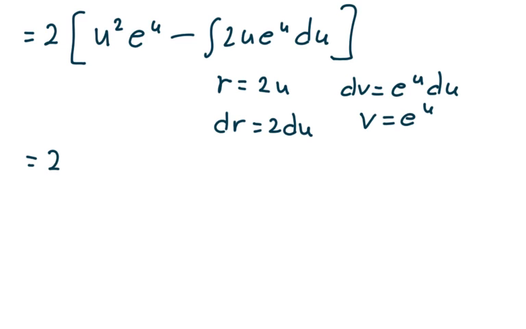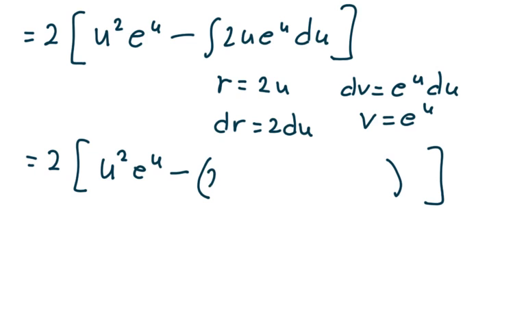And so this is 2 times u squared e to the u minus, in parentheses, we get 2u e to the u minus the integral of 2e to the u du.